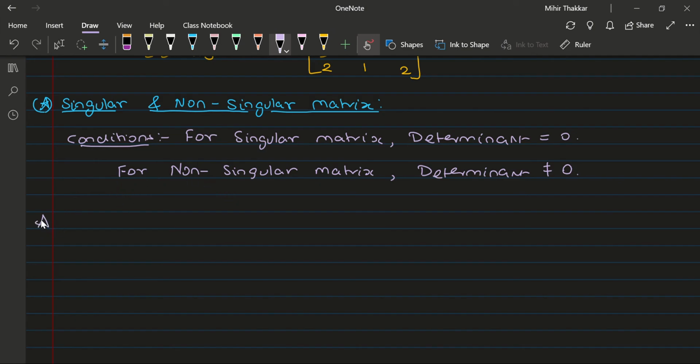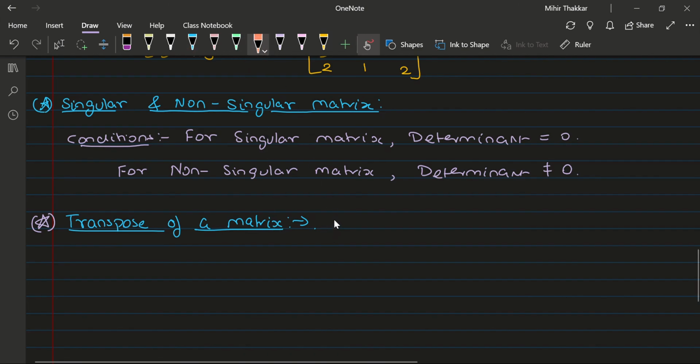Finally, the last thing that we will be covering over here is about the transpose of a matrix. Now, what is the meaning of transpose of a matrix? It is just interchange of rows and columns.